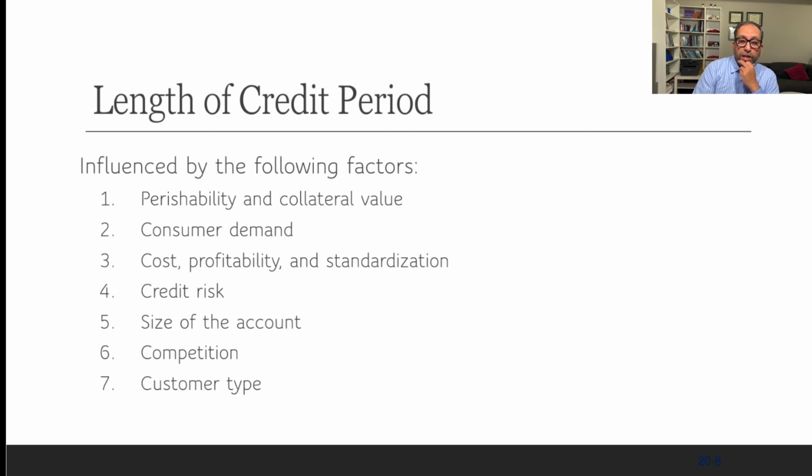If there is a highly competitive market and everyone is trying to sell, they find that if they sell on credit, people are going to buy. Finally, customer type: different credit terms may be offered to different buyer types, like corporate clients, repeat clients, or loyalty customers. These are the ways they can differentiate among different customers.